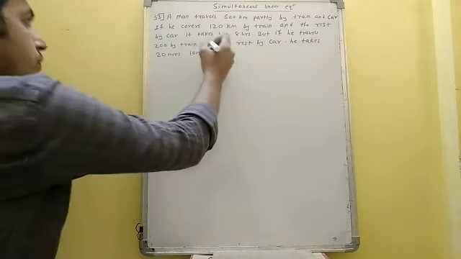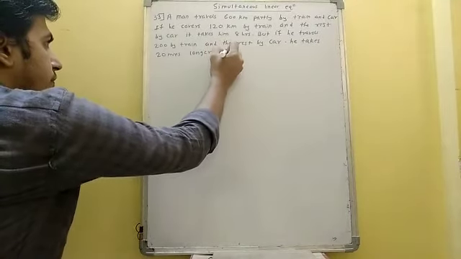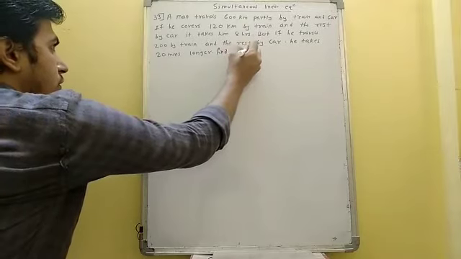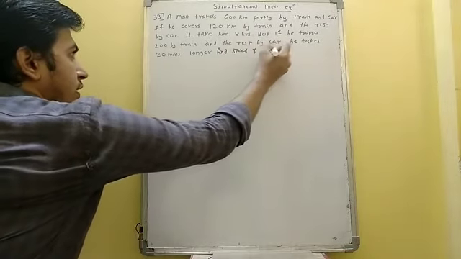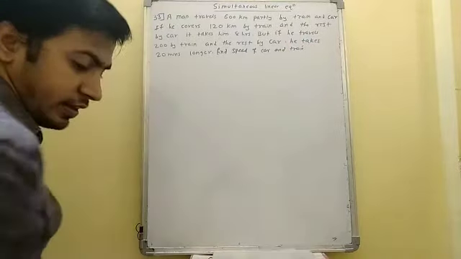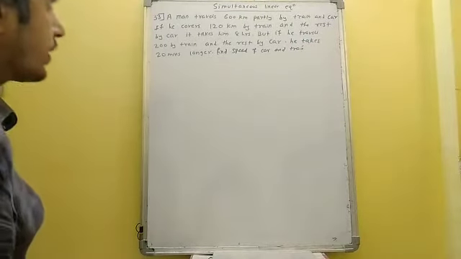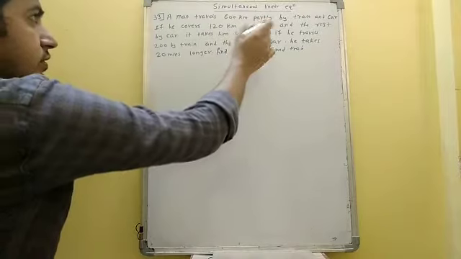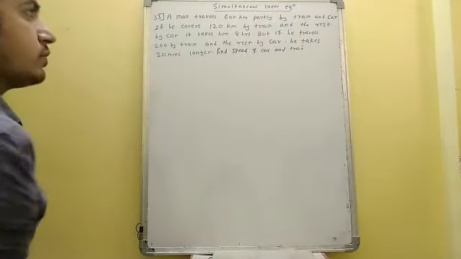So find the speed of the car and train. The man travels some distance by car and some distance by train.